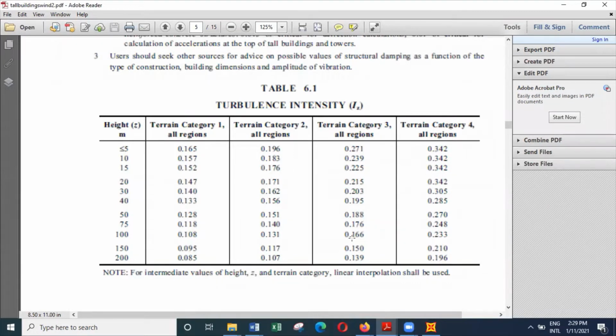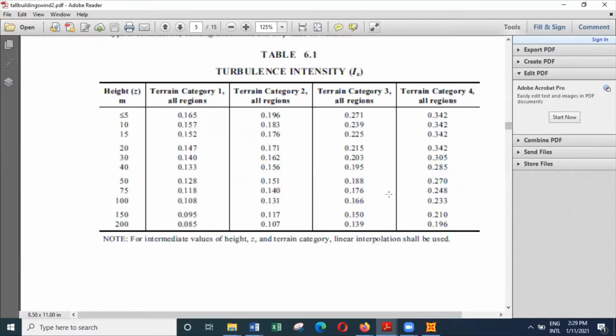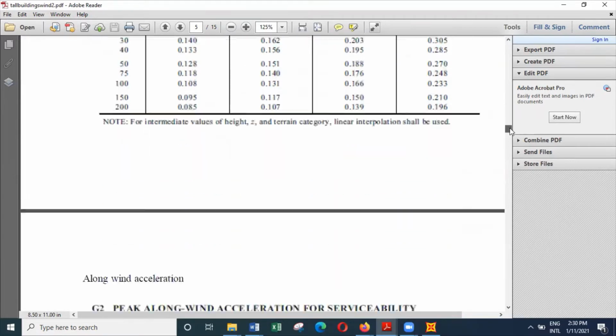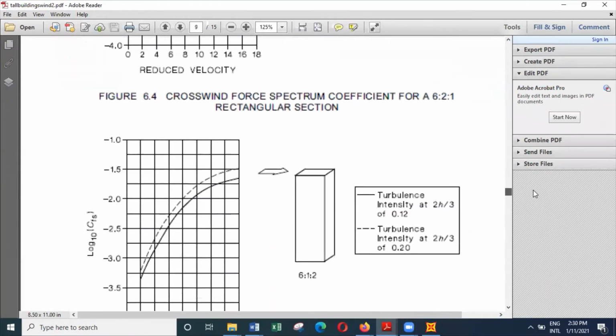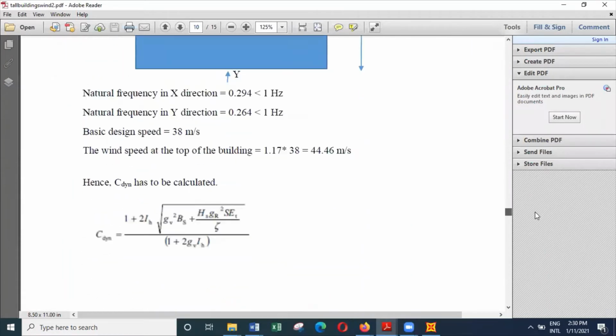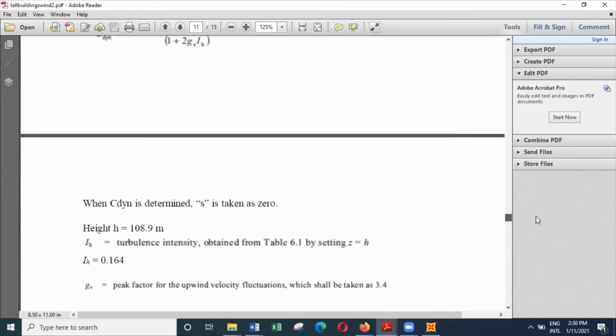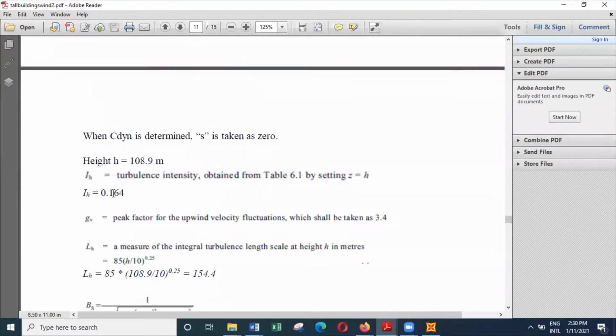I have used a value like 0.164 for a height of 108.9 meters. You don't have to interpolate very accurately, but if you interpolate reasonably, then you can get a value. If you want, you can interpolate exactly, but it will not make a big difference. So I use 0.164 for turbulent intensity.